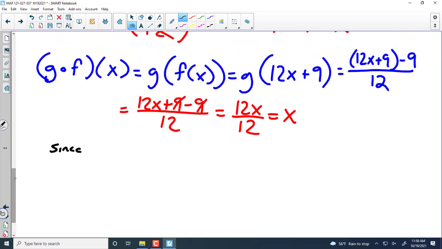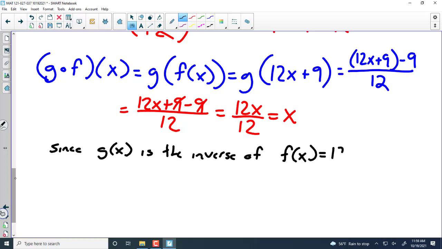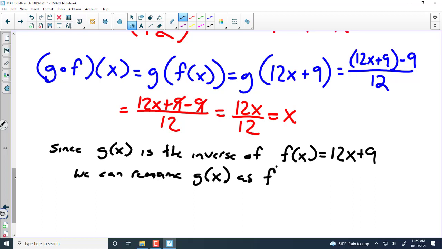Since g of x is the inverse of f of x equals 12x plus 9, we can rename g of x as f inverse of x equals x minus 9 over 12.